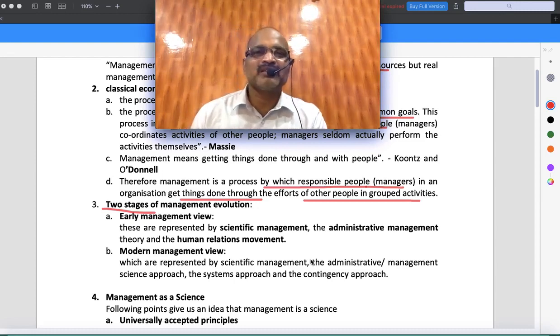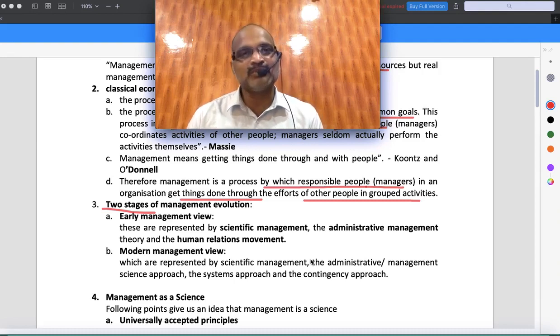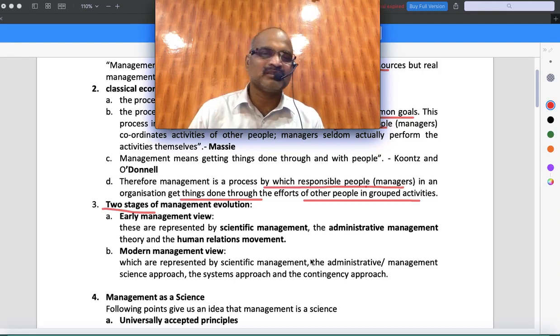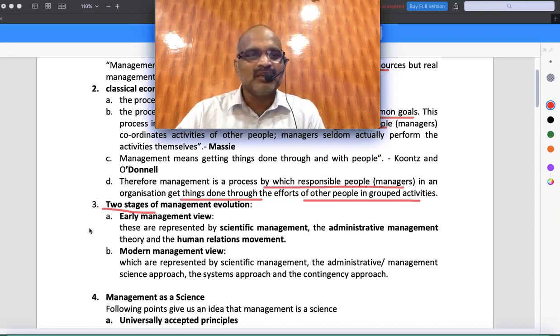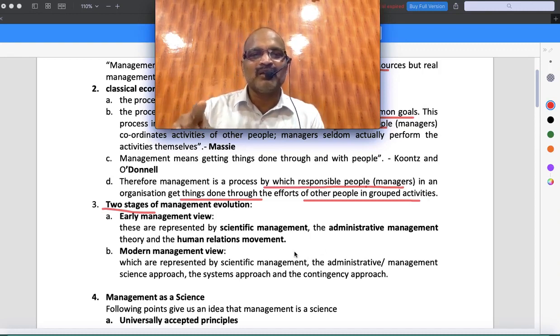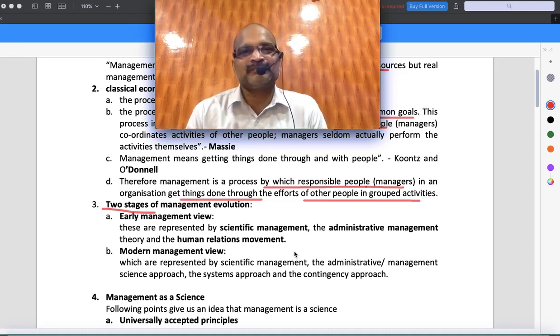Management came into existence, and this management evolution is explained in two ways: old and new, early and modern. In the old view, there are some theories called scientific management theories, administrative management theories. Understood? Human relations. So if they ask you a question, administrative management, scientific management, human relations management theories have come from which approach?